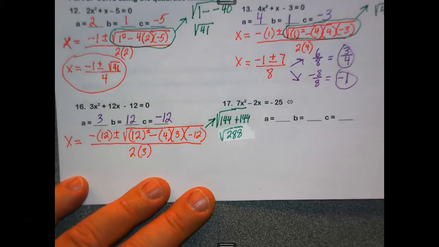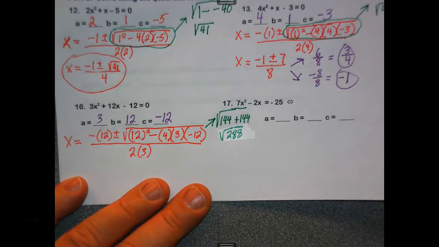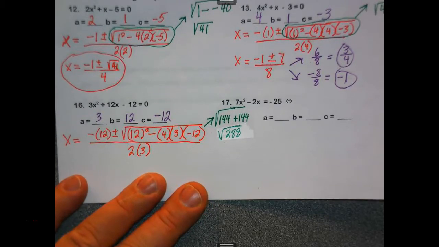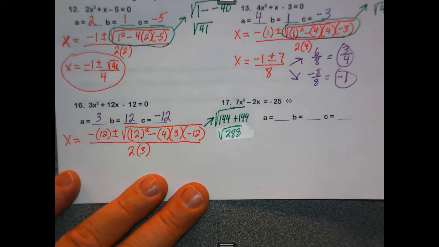Gee, can we simplify that? I don't know. Google it. That's really a big number. I know it's a decimal, but we need to simplify the radical. Does anybody have a TI-30? I don't.